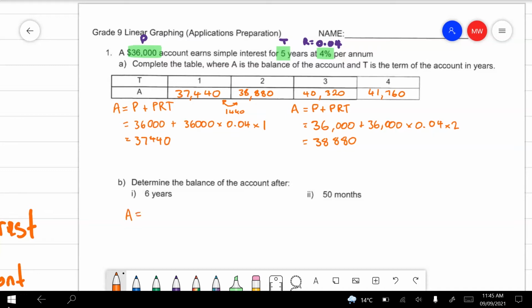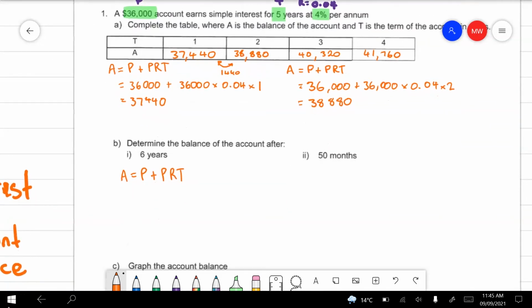So let's jump back to the formula here. Principal plus interest, and let's sub in our values. My account will be 36,000 plus 36,000 times my rate in decimals times the number of years.